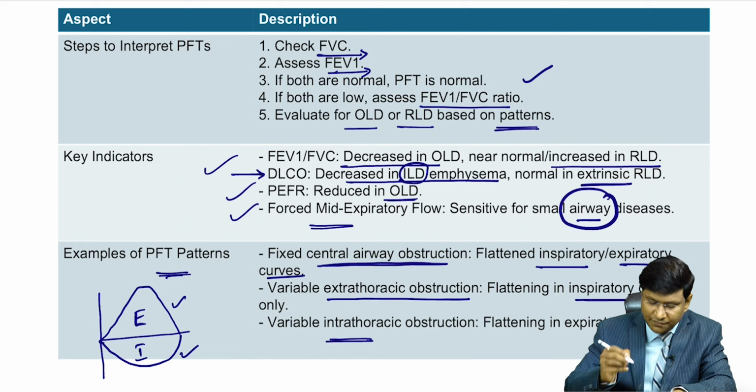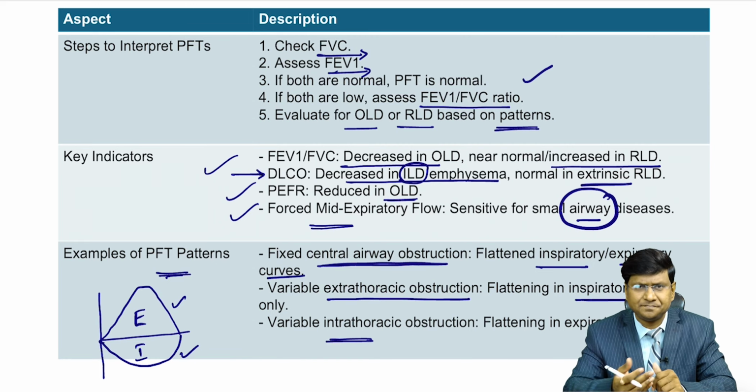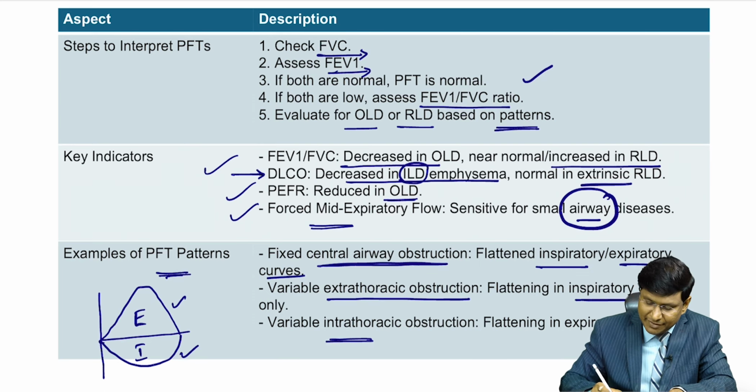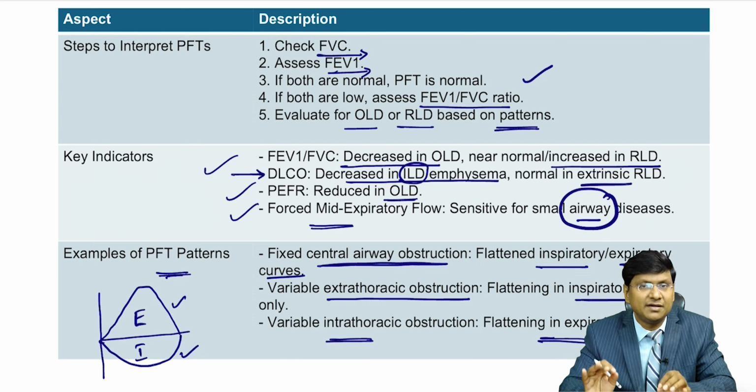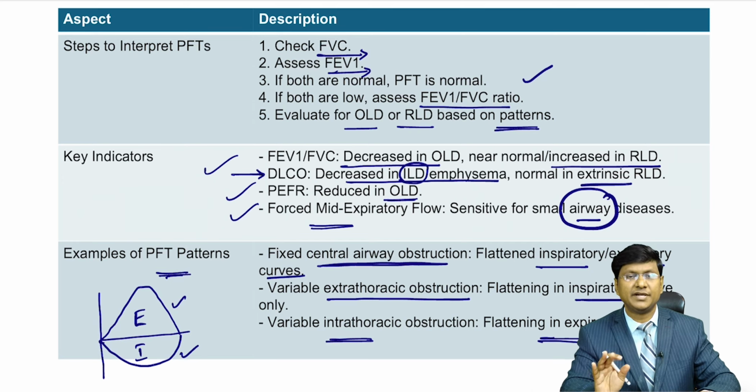Whereas in case of variable intrathoracic obstruction, what is an example? That is laryngeal tumors. In case of laryngeal tumors, please remember, there will be flattening of the expiratory curve only. The inspiratory curve will remain normal.